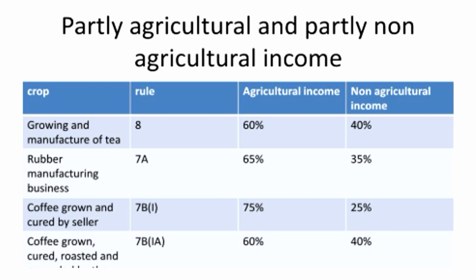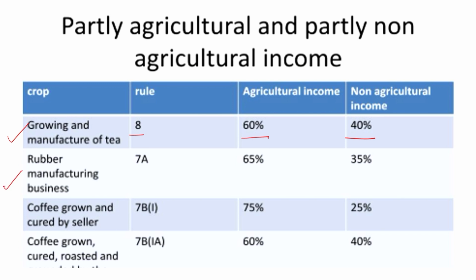Here we are exhibiting some of the partly agricultural and partly non-agricultural income of the assessee. If you are earning income from growing and manufacturing tea, then under rule 8, 60% of the income is perceived as agricultural income, whereas 40% may be taxed as non-agricultural income.